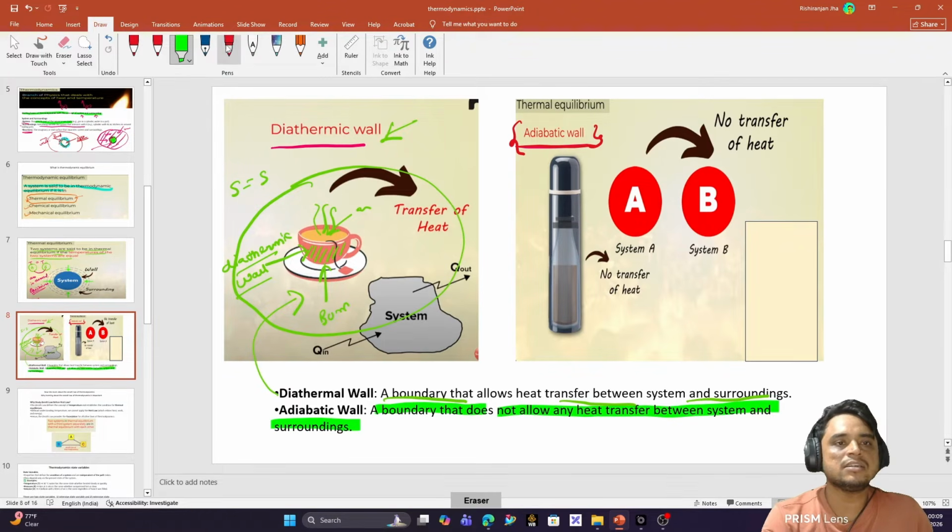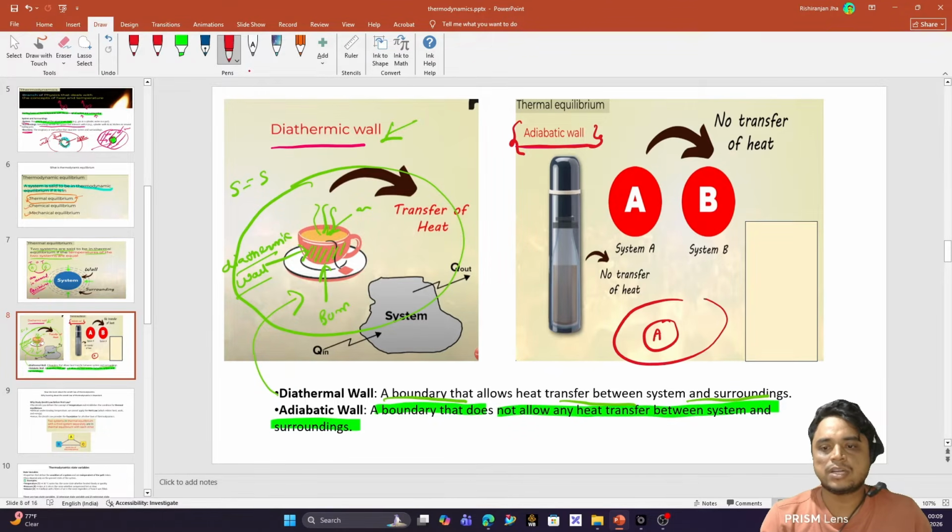So there is a system A, and this is the surrounding. If I put an adiabatic wall between the system and the surrounding, there will be no heat transfer between them. Why? Because the wall is adiabatic. This wall is preventing heat flow between the system and the surrounding.